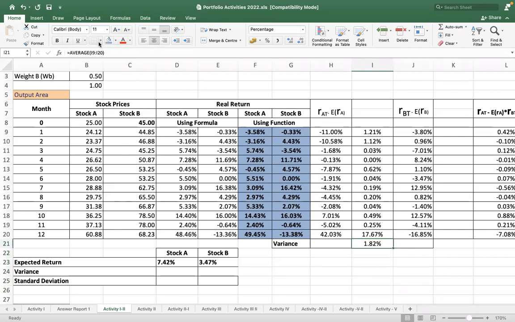We can get the squared value since this is minus, so we have to get the squared value right here.